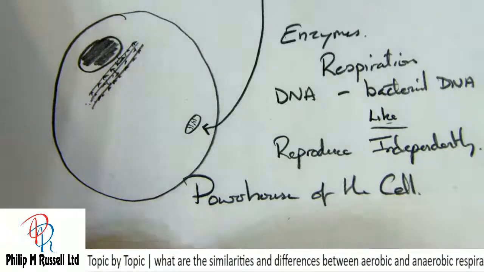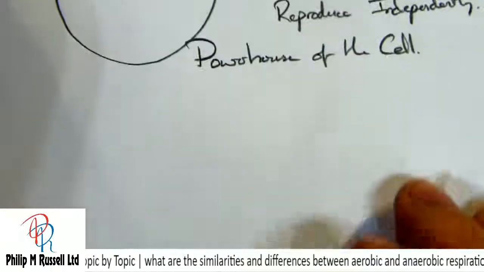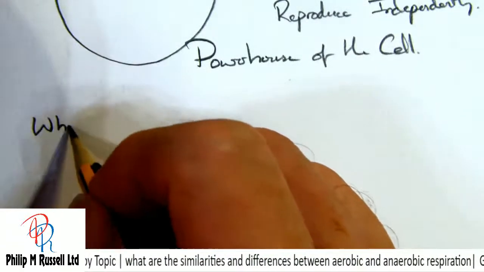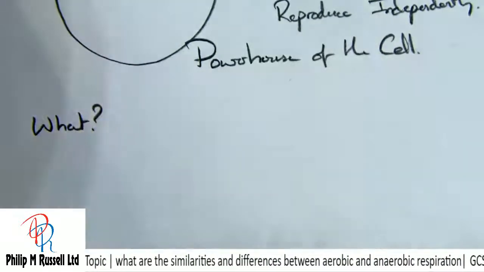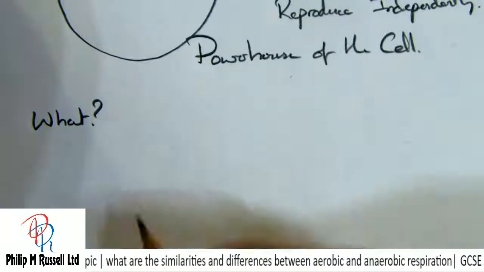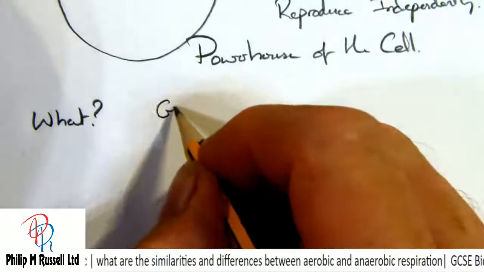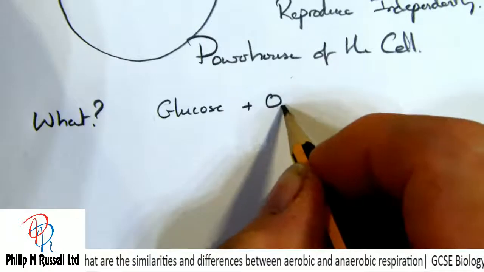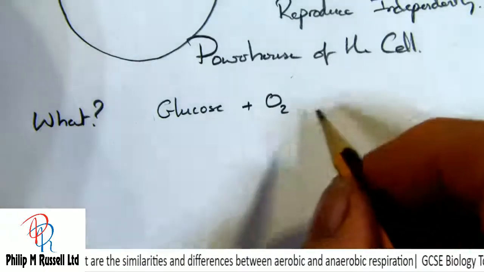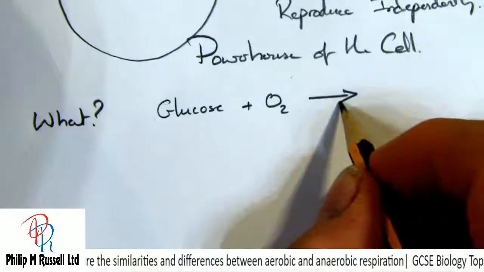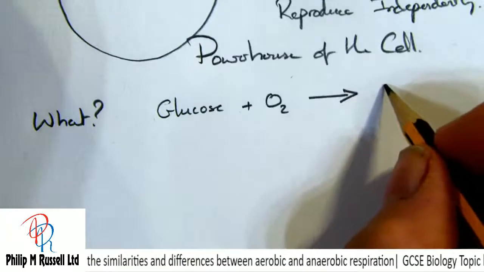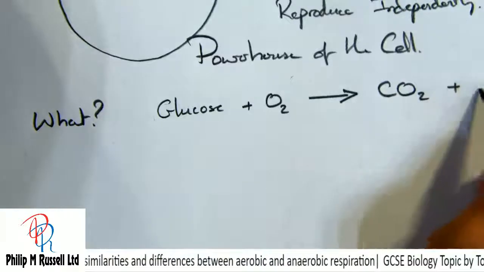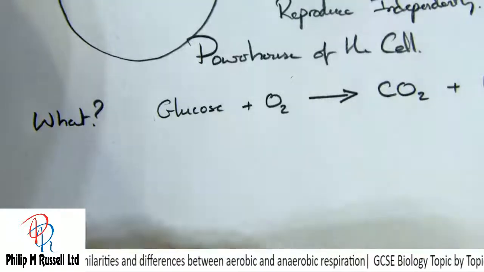So I suppose the next question we come to is, what is respiration? Well, respiration is where we take glucose plus we take oxygen and we make from this carbon dioxide plus water.